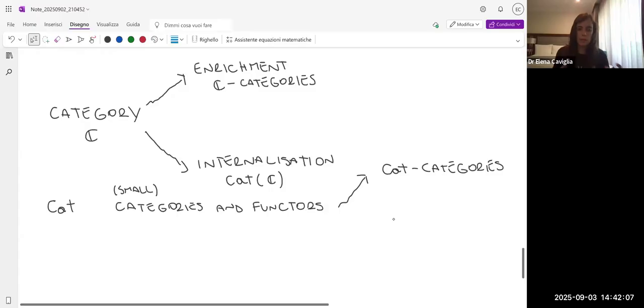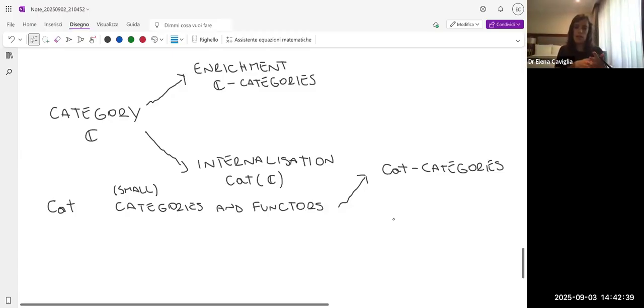If you think about it, we are saying that now if we fix two objects, so if we fix two categories, C and D, and we look at the set of functors between C and D, this is not a set anymore, this is now a category. So we mean that we have a two-dimensional level.